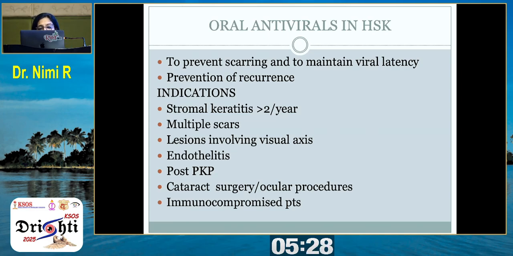So there are a few indications of oral antivirals in herpes simplex keratitis. It is given to prevent scarring, to maintain viral latency, and also to prevent recurrence. The specific indications are more than 2 episodes of stromal keratitis a year, multiple scars on the cornea, lesions involving the visual axis, endotheliitis, patients undergoing ocular procedures like keratoplasty, cataract surgery, and other laser procedures, and immunocompromised patients.